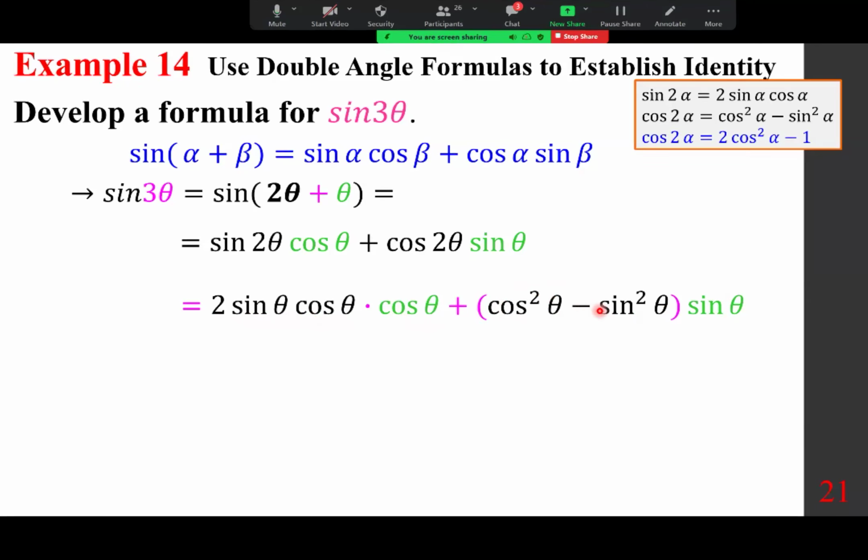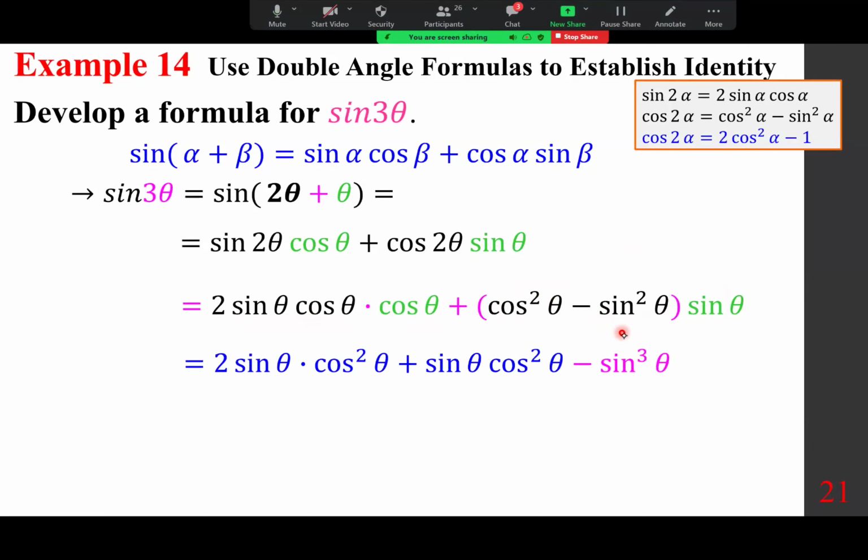Plus sine theta cosine squared minus sine cubed. Sine theta cosine squared, sine theta cosine squared. These two add up to 3 sine theta cosine squared theta, and minus sine cubed remains.